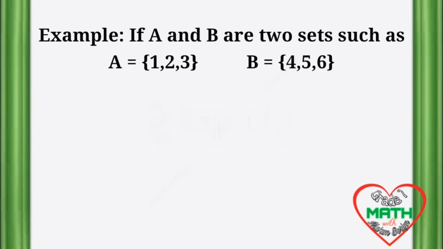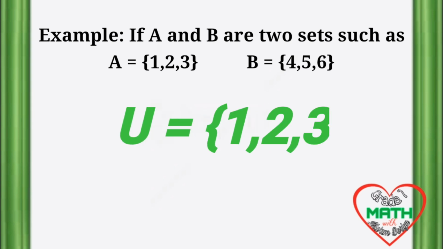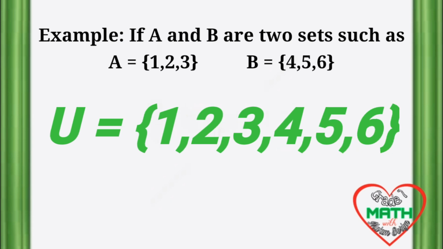For example, if A and B are two sets such as A equals {1, 2, 3} and set B equals {4, 5, 6}, then the universal set associated with these two sets is given by U equals {1, 2, 3, 4, 5, 6}. As you can see, the universal set contains all the elements of set A and set B.